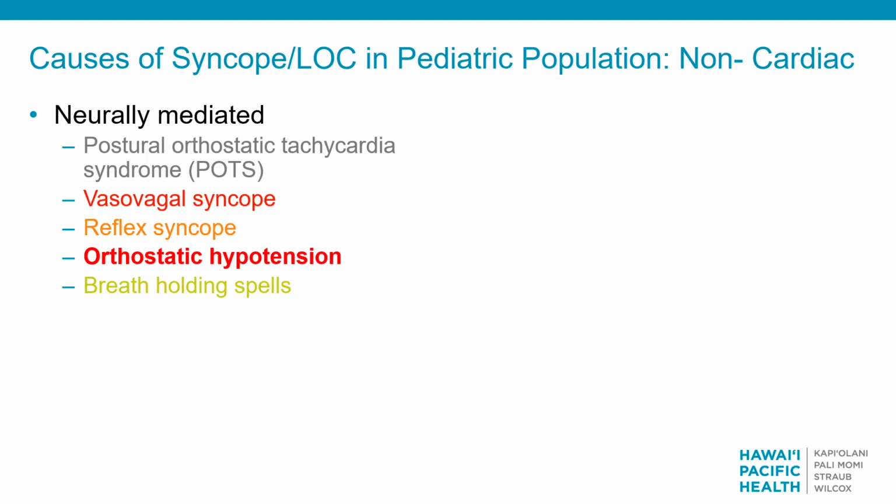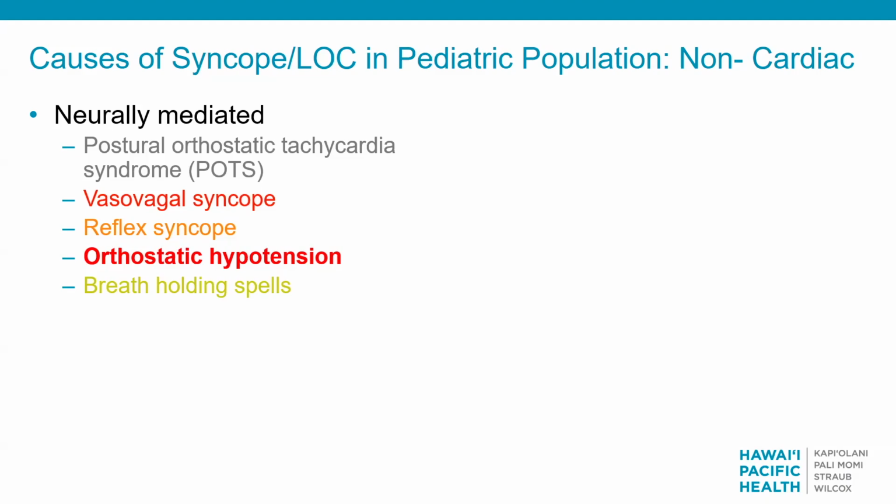Vasovagal is a very specific syncope that usually happens when you are standing upright for a longer time, and it's not the orthostatic hypotension. There is a compensatory part where you compensate for it, and eventually you run out of the compensatory mechanism, and then you faint afterwards. And POTS is a very specific diagnosis, and I would say, again, truly very few patients get the POTS diagnosis. A lot of patients will just get orthostatic hypotension.